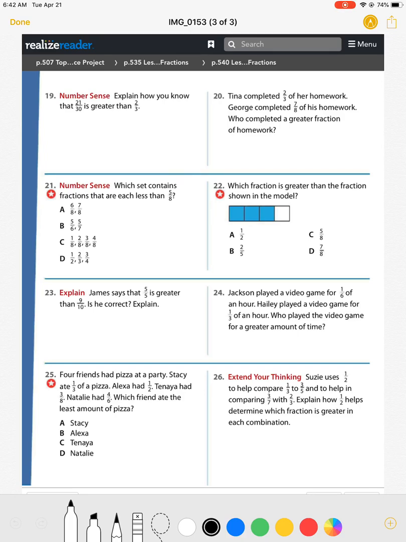Number 19. Explain how you know that 21/30 is greater than 2/3. Okay, I'm going to take our fraction 21/30. So 21, this is super close to the number 20.